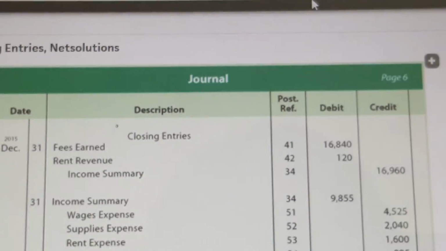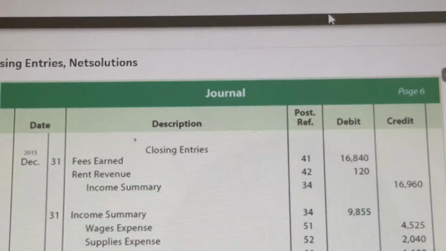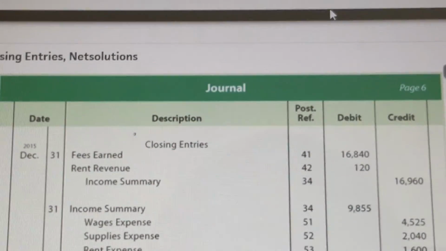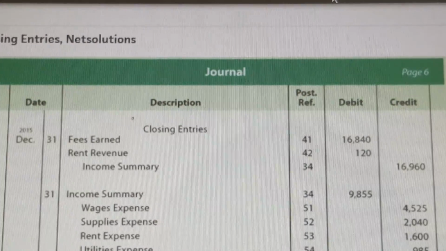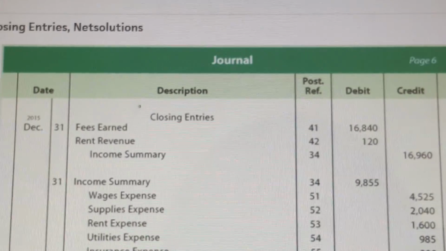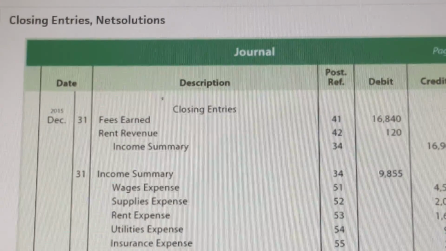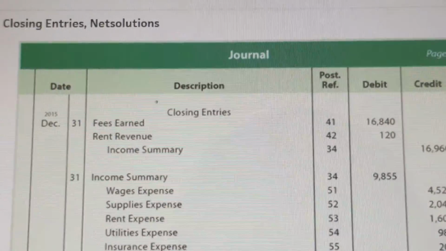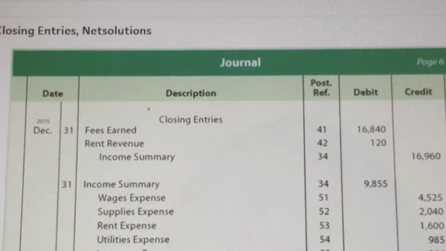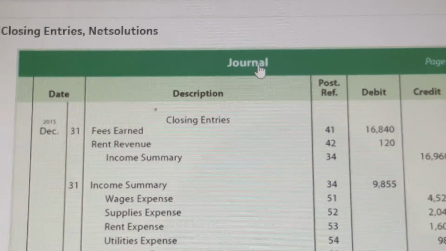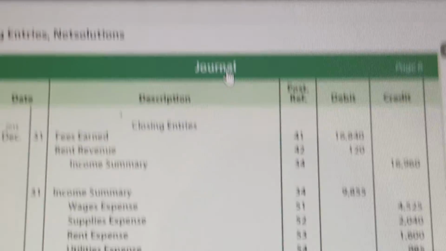So if you would go and find the adjusted trial balance for Net Solutions, compare that to what I'm showing you on the screen here, Exhibit 5, which is in your textbook. Because I'm using the electronic textbook, I can't give you a page number, but this is going to be under the closing entries, I believe it is, if you look under that objective.